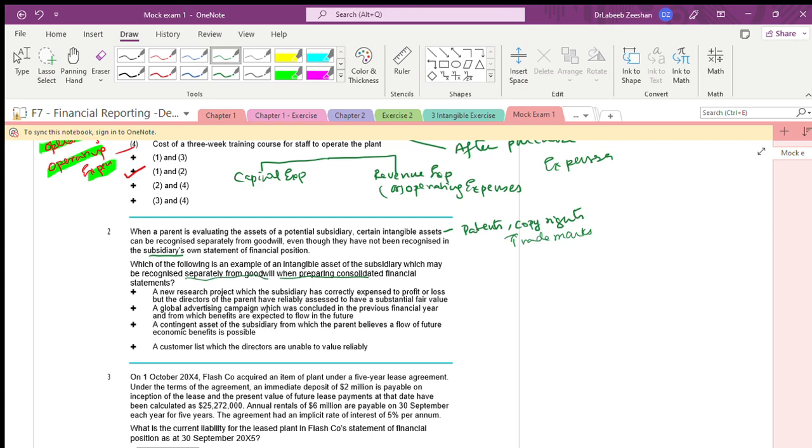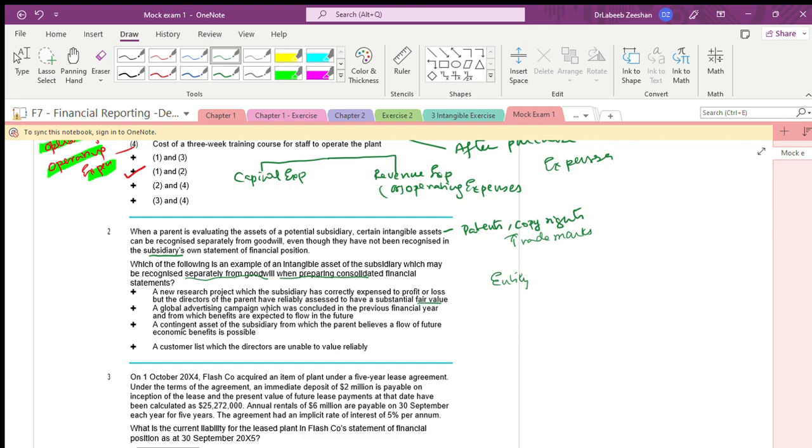It should be related to the entity, and it should generate profits. A new research project which the subsidiary has correctly expensed to profit and loss account, but the directors of the parent have reliably assessed to have a substantially fair value.